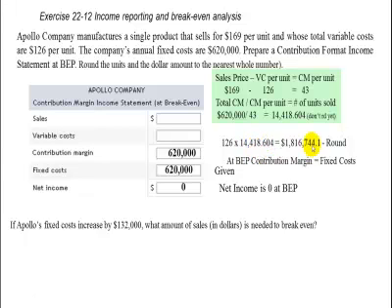Again, don't round until we get to the whole dollar unit right here. So we're going to round this 1,816,744.1 whatever it is to a rounded number of 1,816,744 even dollars.